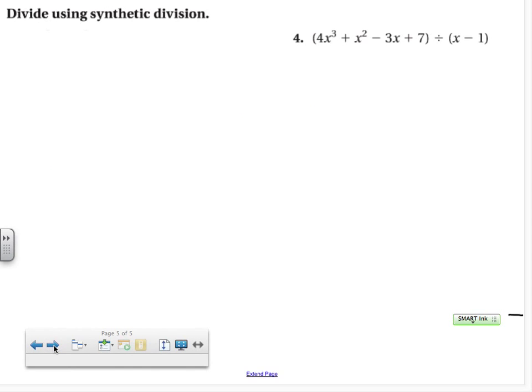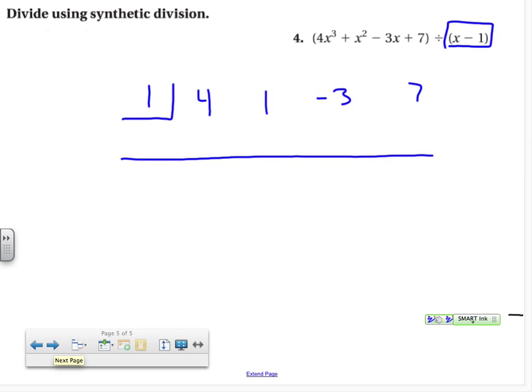One more example. Same thing. Make sure we have it as x minus, and we do in this case. So write our coefficients out. If we're missing one, we would fill it in with a 0. We're dividing by x minus 1, so we put 1 in the box. And then we add and multiply. Add down, multiply.